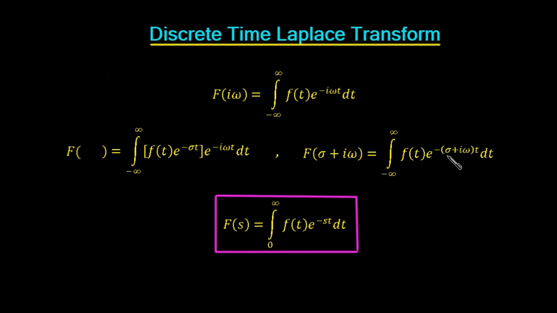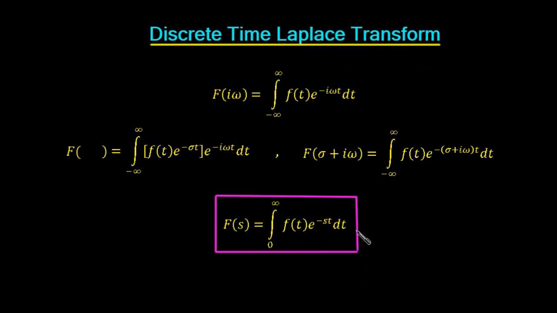So if you like, we're extending the Fourier transform to the full complex plane in the frequency domain. So now this is a function F of sigma plus i omega. Now what we do is we replace this sigma plus i omega with the single value s, and this gives us our F of s, equal to the integral from 0 to infinity of f of t e to the minus st dt, and this is the Laplace transform you're used to seeing.